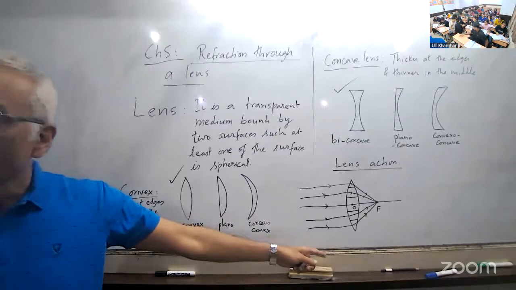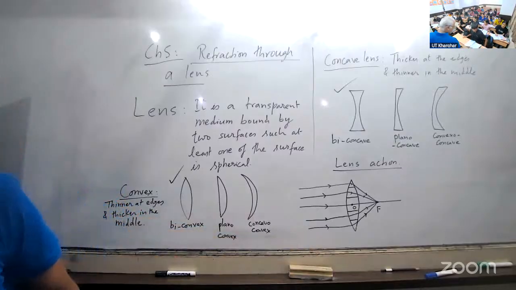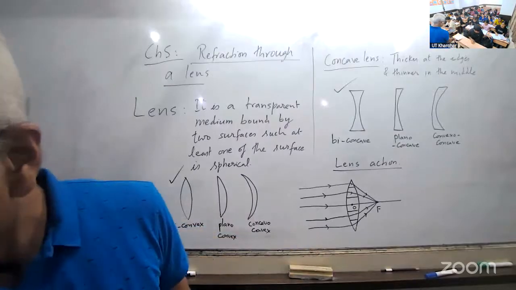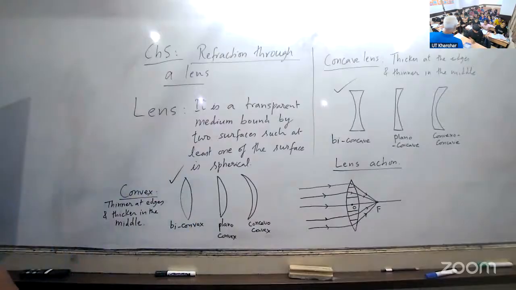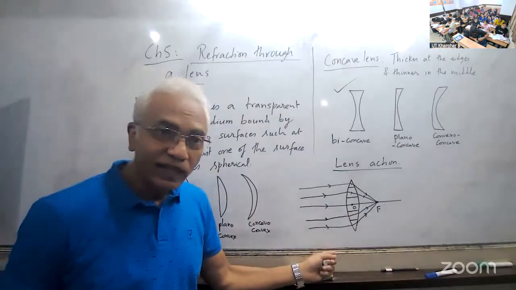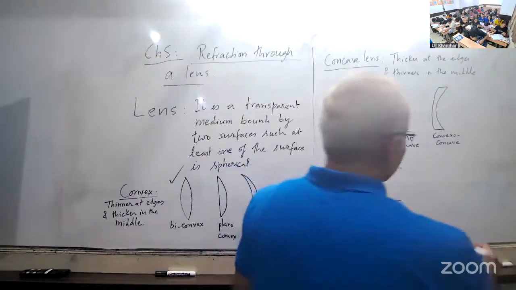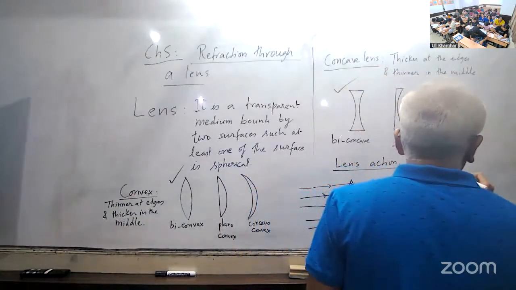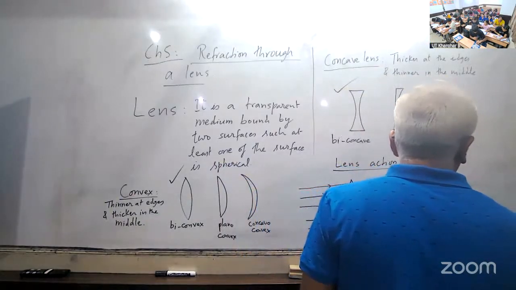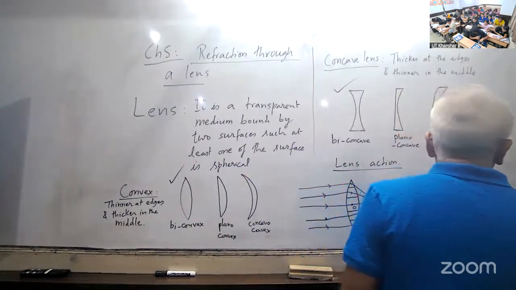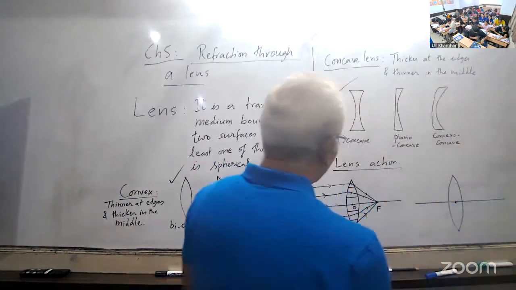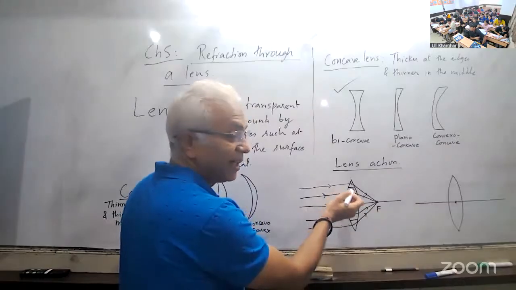So this is what is lens action in short. But when we draw the ray diagram, right? So draw it like this. We don't show the bending twice.